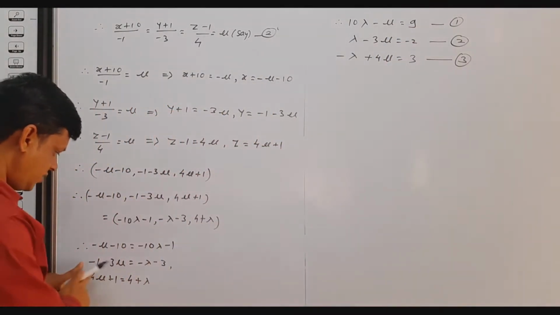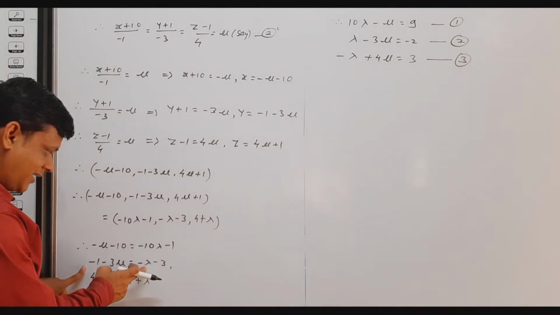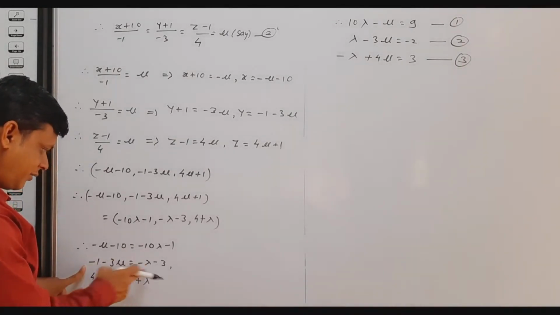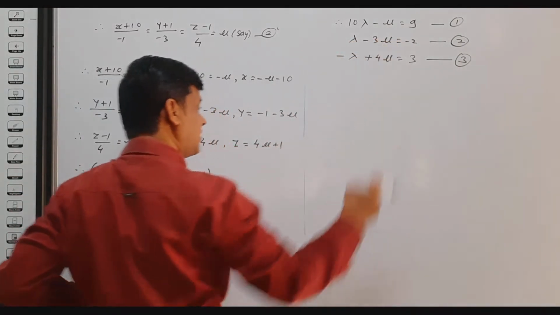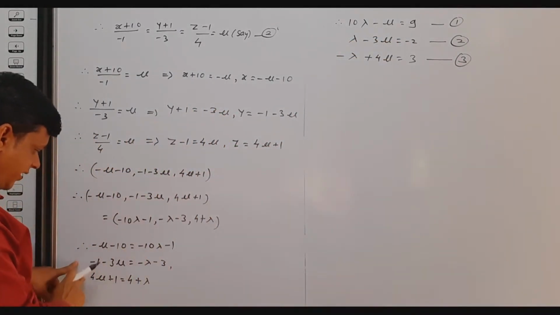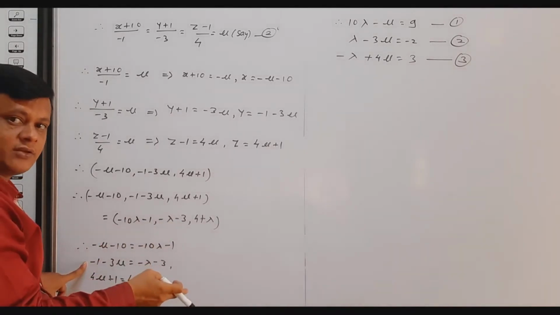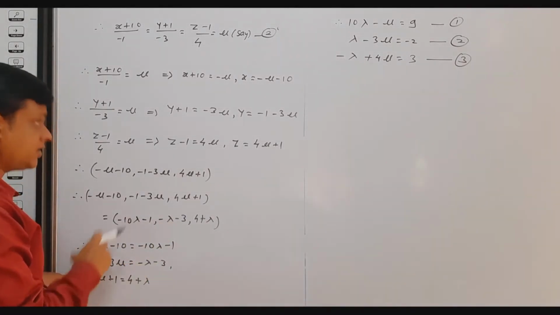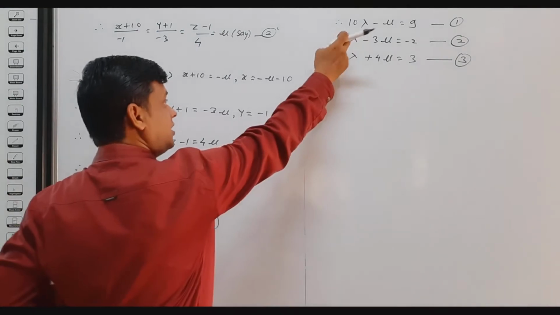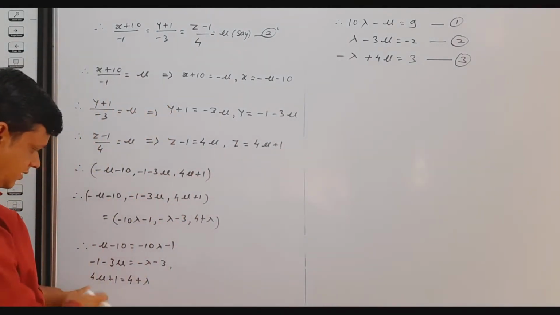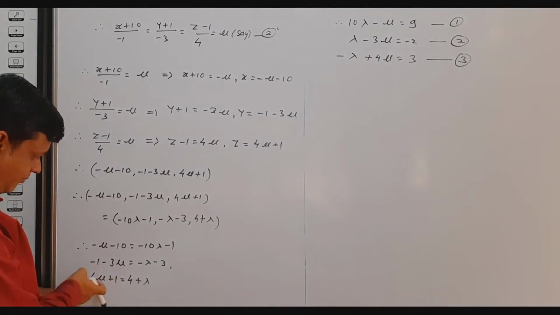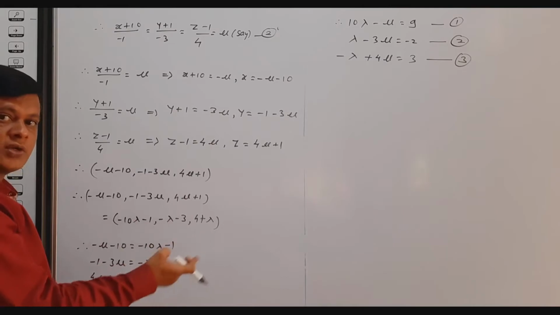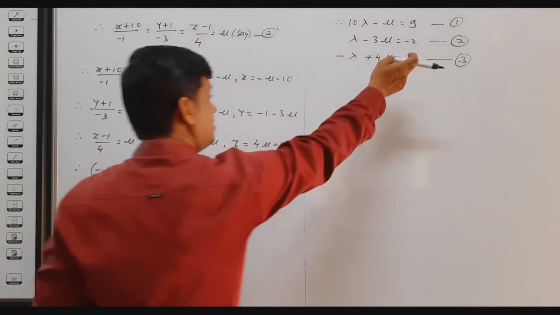Now see this second, minus lambda transferring to the left hand side, we get plus lambda minus 3 mu is equal to, when we transfer this minus 1 to the right hand side, we get plus 1, minus 3 plus 1, we get minus 2. So this is equation number 2. And for the last, we transfer this lambda to the left hand side, we get minus lambda plus 4 mu is equal to, after transferring this 1 to the right hand side, we get 4 minus 1, which is 3.